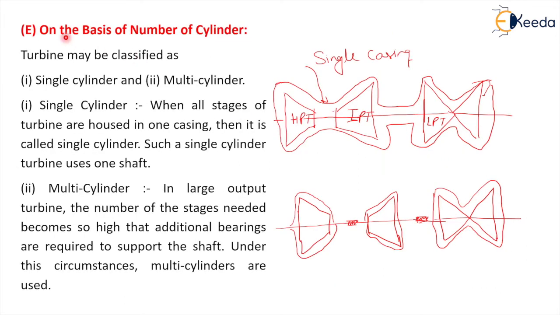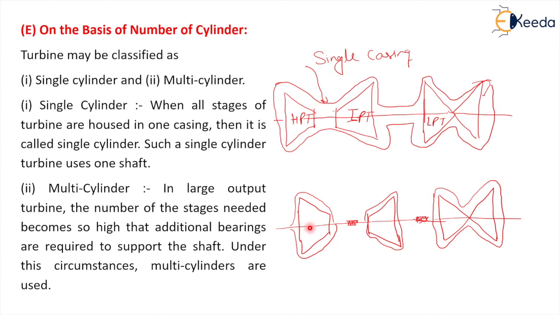Let's see on the basis of number of cylinders. Turbines may be classified as single cylinder or multi-cylinder. Suppose this is the HP turbine, this is the IP turbine and this is the LP turbine. All these turbines are enclosed in a single casing. You see here, then this is a single cylinder turbine.